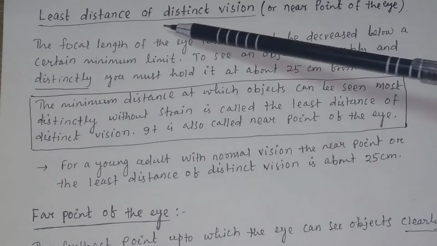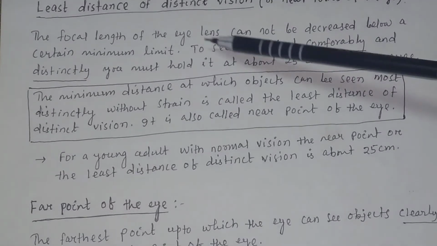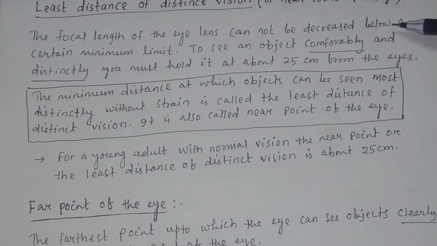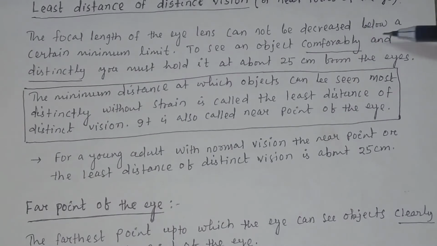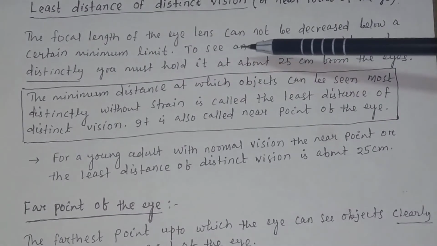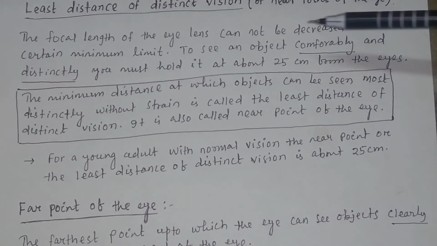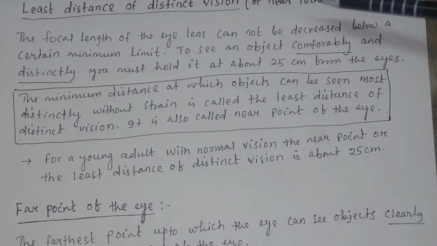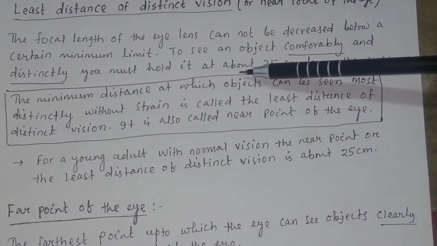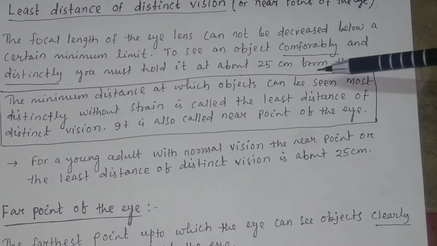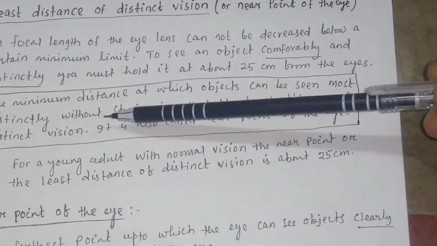Then we will learn what is the least distance of distinct vision, or near point of the eye. The focal length of the eye lens cannot be decreased below a certain minimum limit. To see an object comfortably and distinctly, you must hold it at about 25 centimeter from the eyes. The minimum distance at which objects can be seen most distinctly without strain is called the least distance of distinct vision.